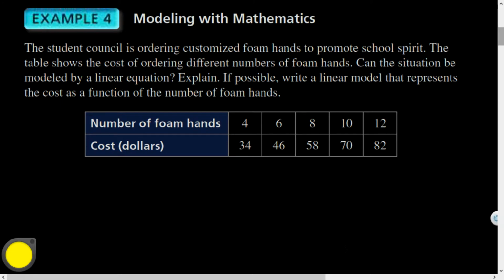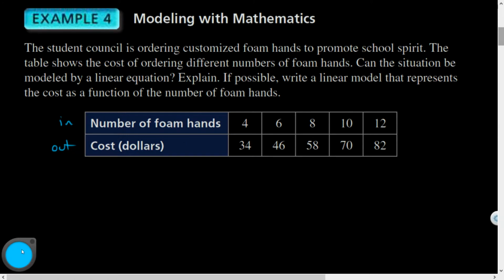The table shows the cost of ordering different numbers of foam hands. Can the situation be modeled by a linear equation? That's question 1. And then, if possible, write a linear model that represents the cost as a function of the number of foam hands. Okay, so that means my input is the number of foam hands. The output is the cost.